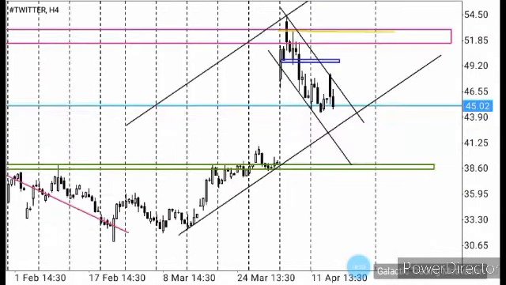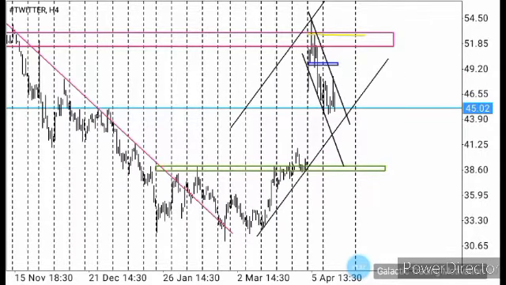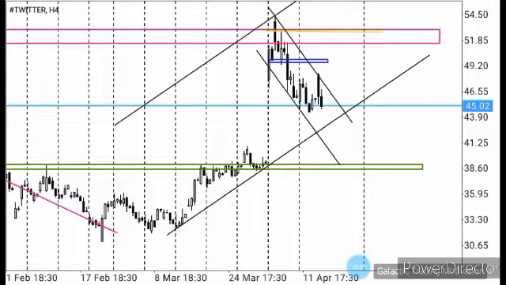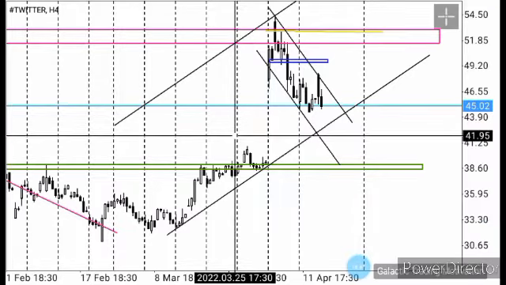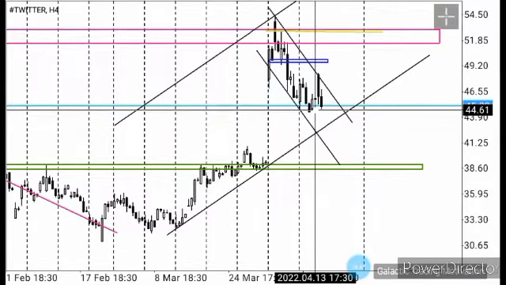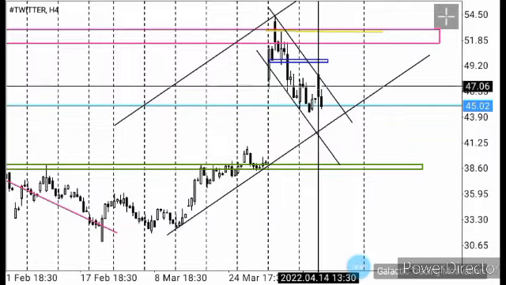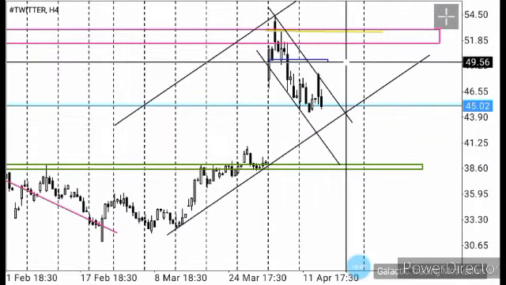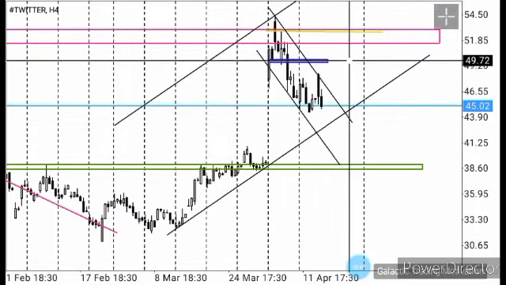Okay, yeah, so that's where we are in terms of the H4. At this point I wouldn't really be looking for any buys or sells. I would actually wait for price to come back to this level, and if it gives me any selling opportunities here, I would sell.